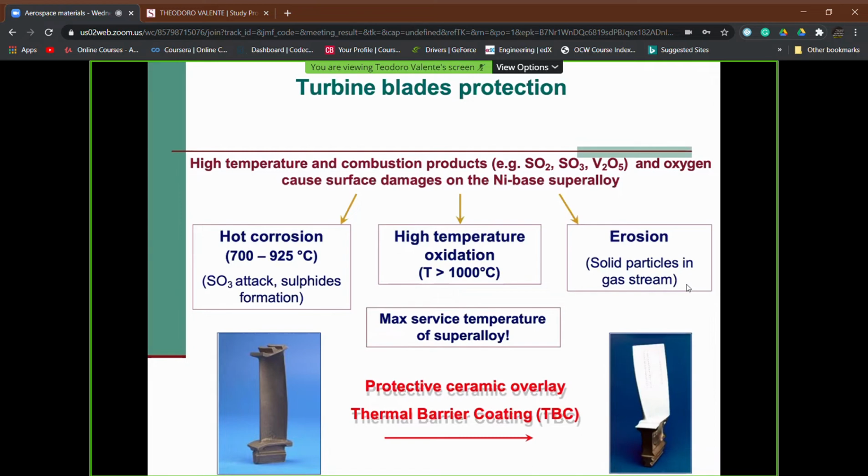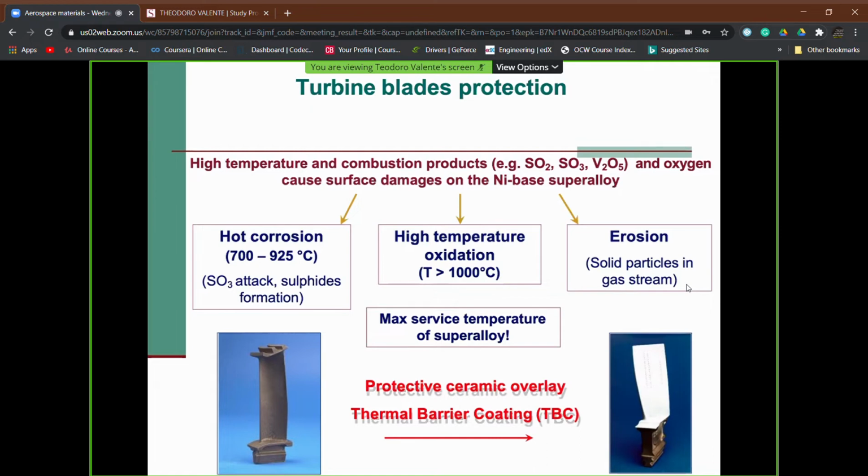We can have hot corrosion, which is usually in the range between 700 and 900 Celsius, due to the attack from sulfur trioxide with the formation of sulfides. We can have high temperature oxidation, which is relevant on the nickel-based superalloys due to the presence of oxygen, for temperatures around 1000 Celsius.